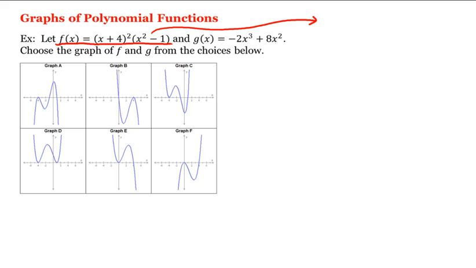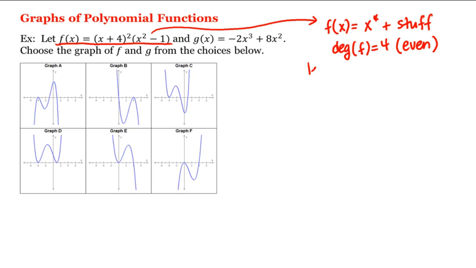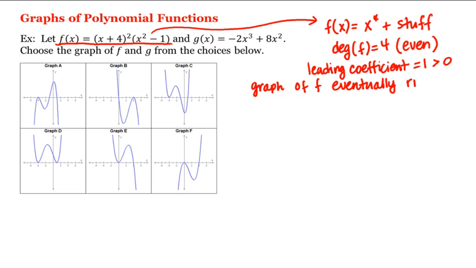If we multiply f out, we'd have f of x is equal to x to the fourth plus stuff, which means the degree of f is equal to 4, which is even, and the leading coefficient is equal to 1, which is greater than 0, which means the graph of f eventually rises to both the left and right.